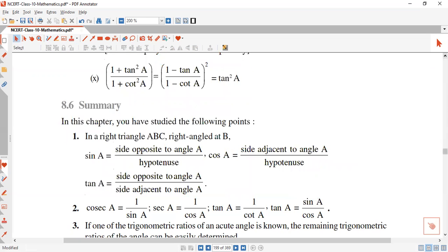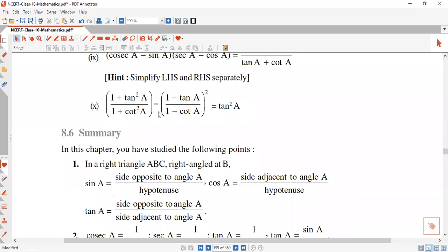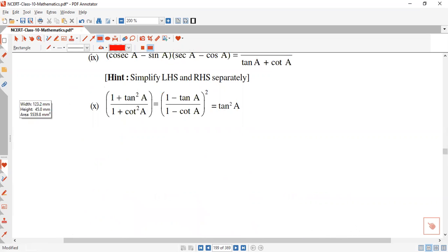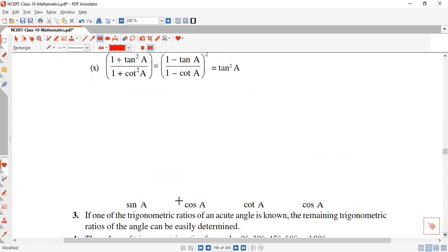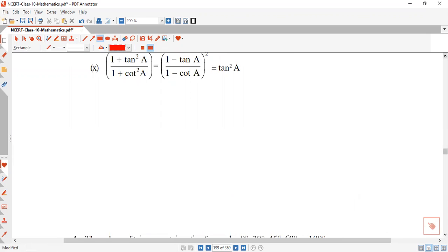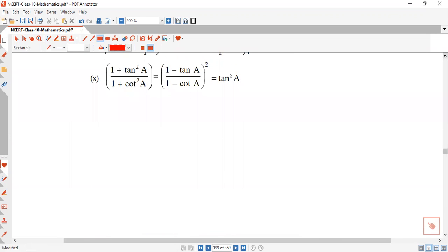Now, the last question of this exercise: 1 plus tan square A upon 1 plus cot square A equal to 1 minus tan A whole square upon 1 minus cot A whole square. Starting from the left hand side, we want to prove this.